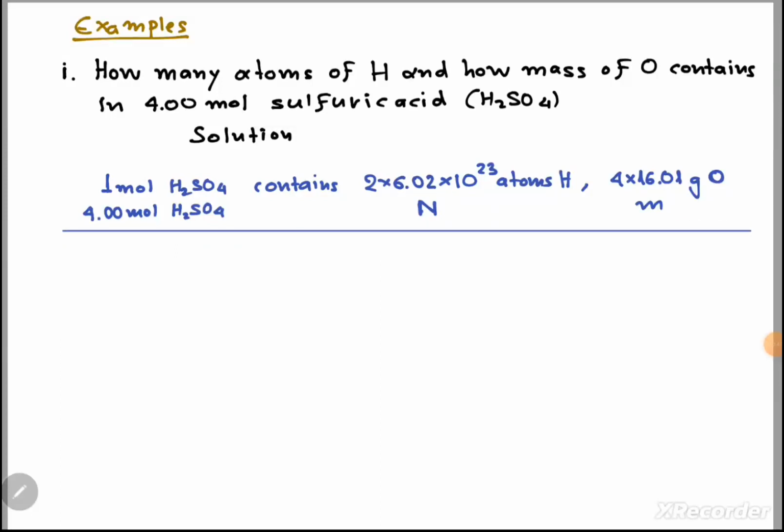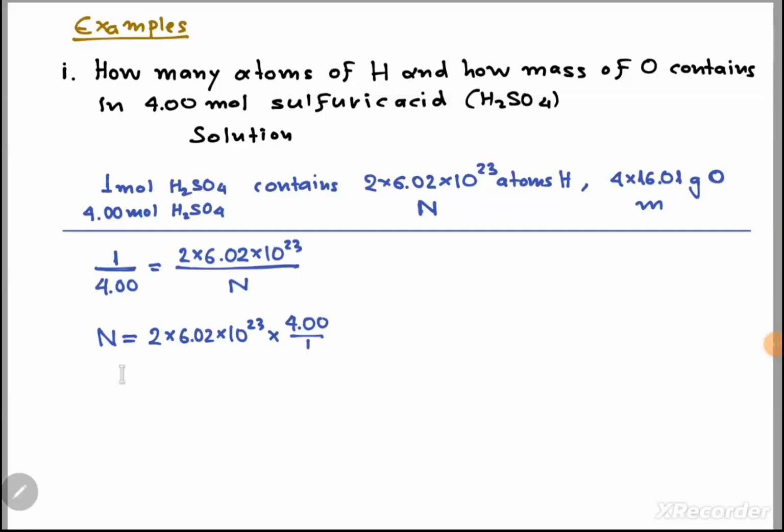So we can have the result, 1 to 4, and we find the value of N. N is equal to 28.16 times 10 to the 23 atoms of hydrogen.